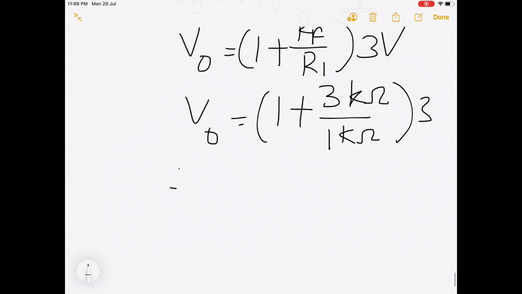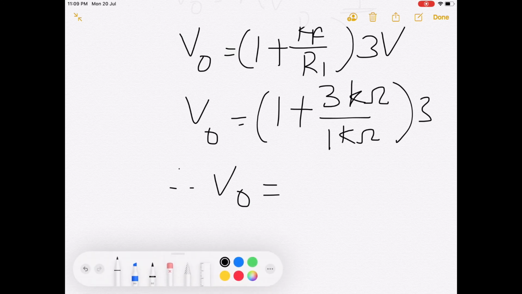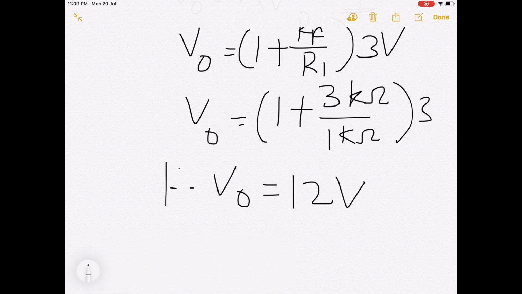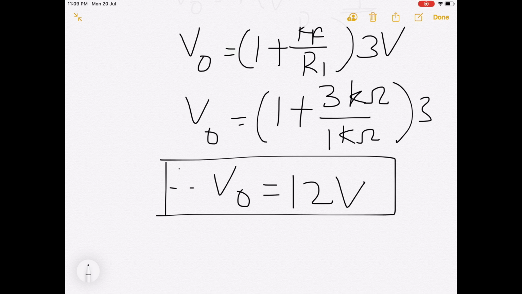So your VO will be equal to 12 volts. VO is equal to 12 volts. So in this way also we can calculate the output voltage in a non-inverting adder. Okay. So this is the end of our first point, that is inverting and non-inverting adder in the linear applications of op-amp. Then we will go for the subtractor.